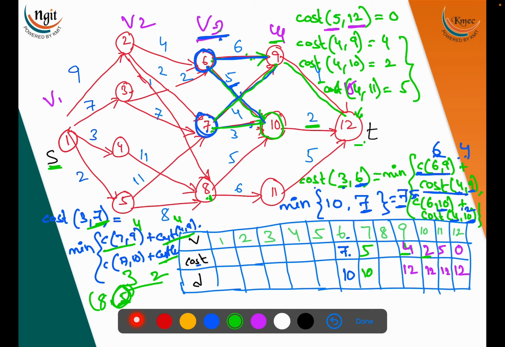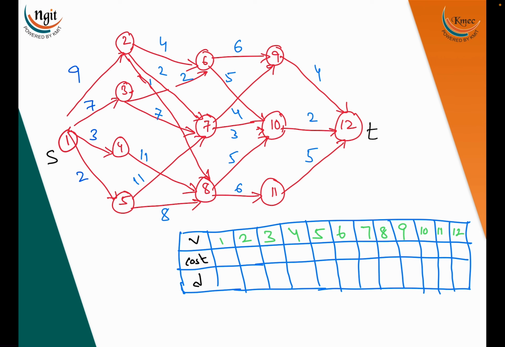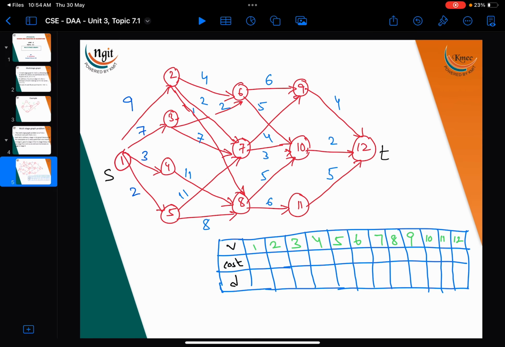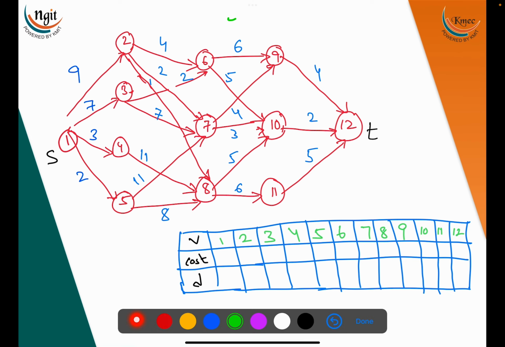So if you calculate cost 3 comma 8, you are at this vertex.